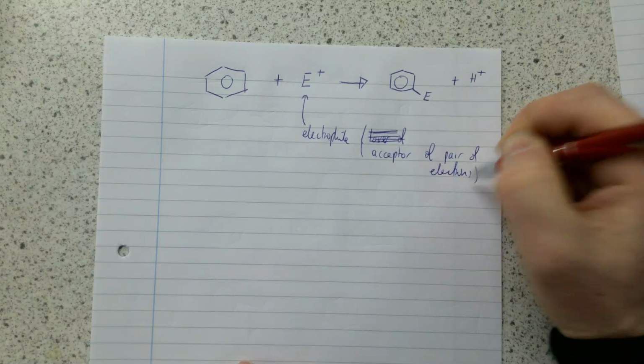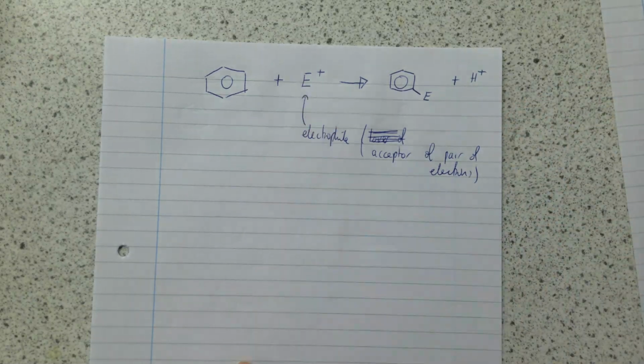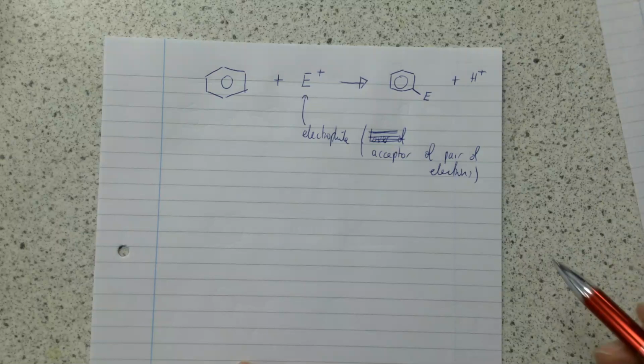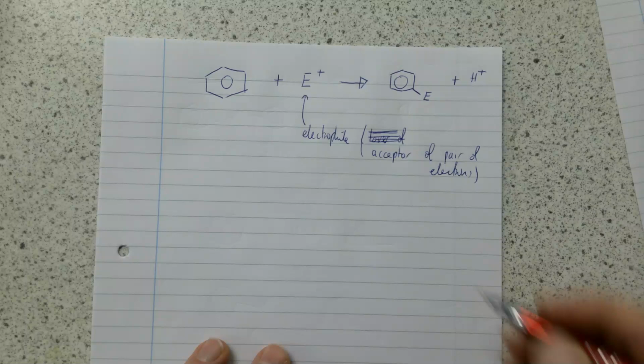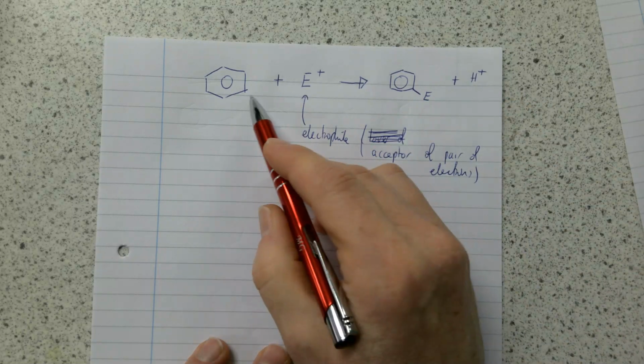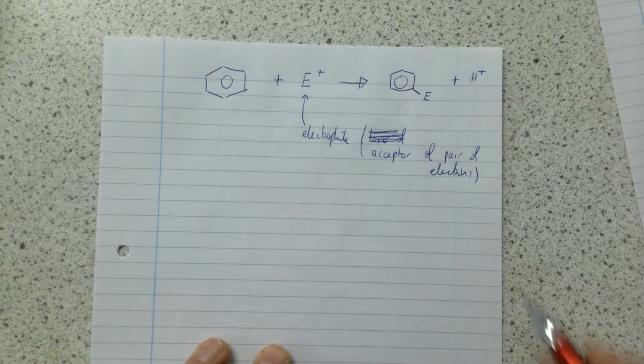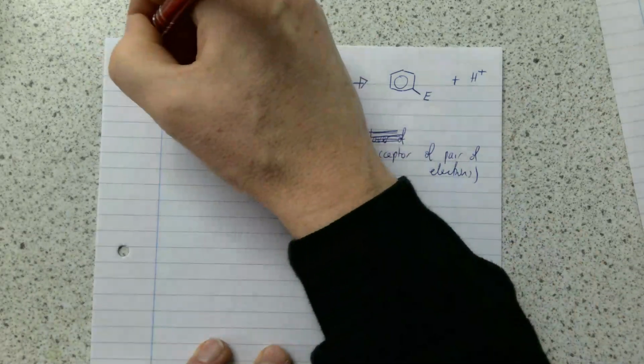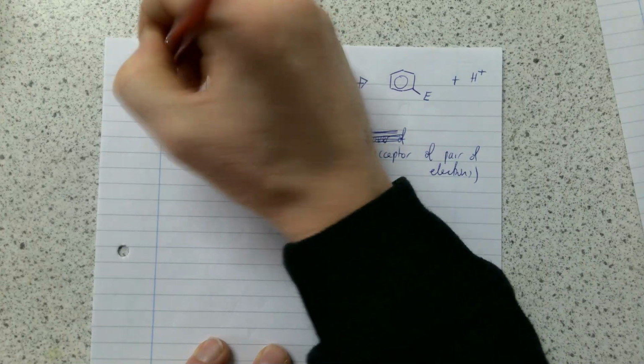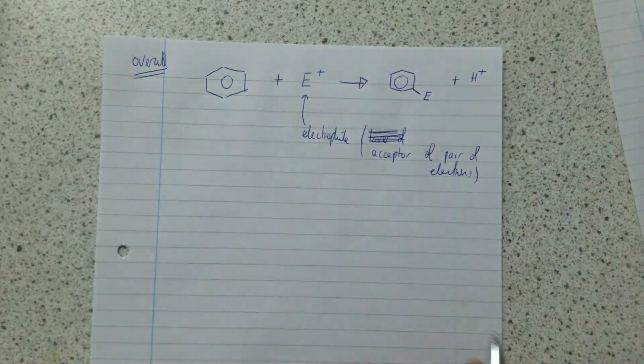So a bond can be made between carbon and the electrophile through a reaction. And the hydrogen that was here ends up as H+. So that's the overall reaction. And you need to know the mechanism of electrophilic substitution as well.